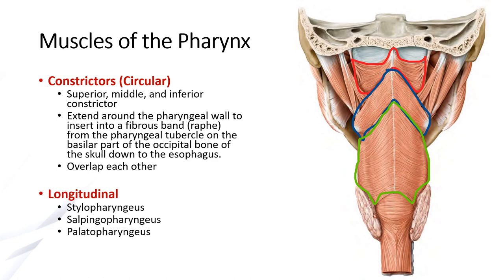Like we mentioned earlier, the three constrictor muscles overlap each other. The lower part of the inferior constrictor arises from the cricoid cartilage, and it is called the cricopharyngeus muscle, and it acts like a sphincter, because the fibers of the cricopharyngeus, as you can see here, are horizontally arranged.